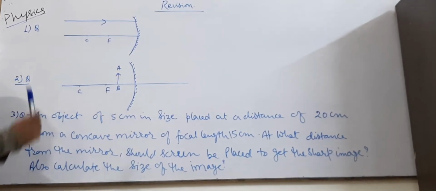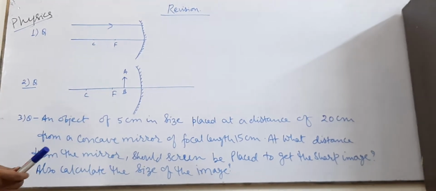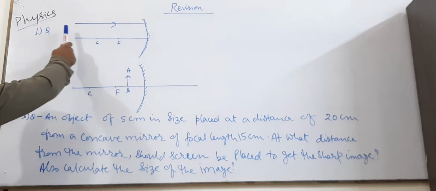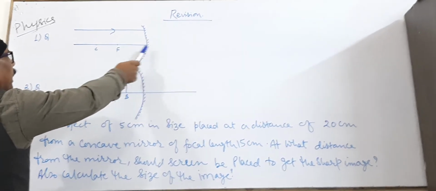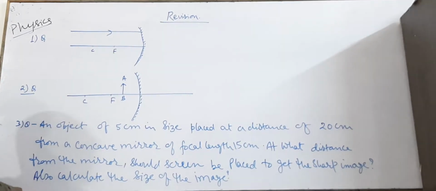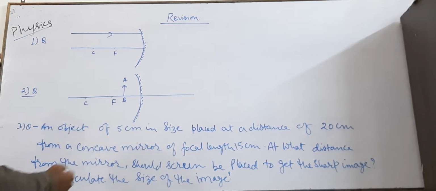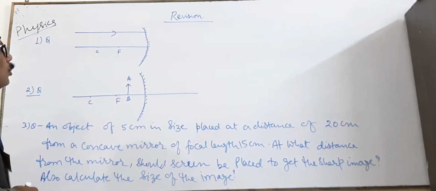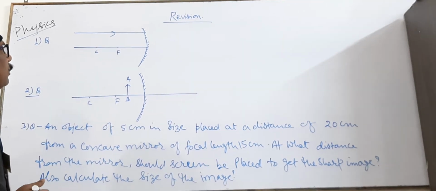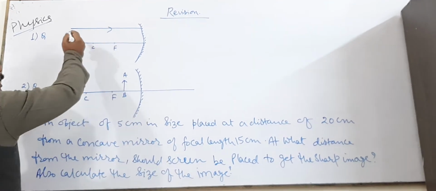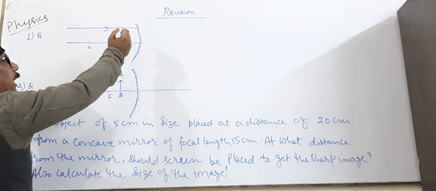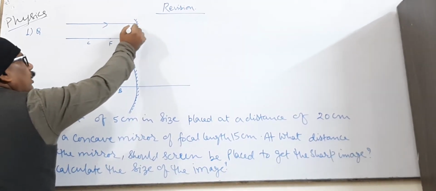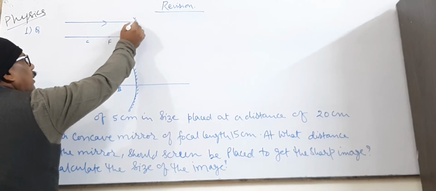You know the rules of the ray diagram, that is, the ray parallel to the principal axis. This ray is going parallel to the principal axis and the mirror is a concave mirror. Now the complete answer: when a ray is parallel to the principal axis, the ray will pass through the focus after reflection.